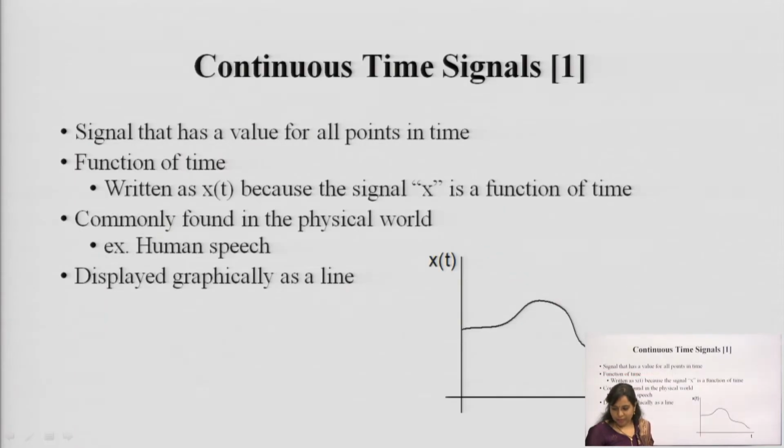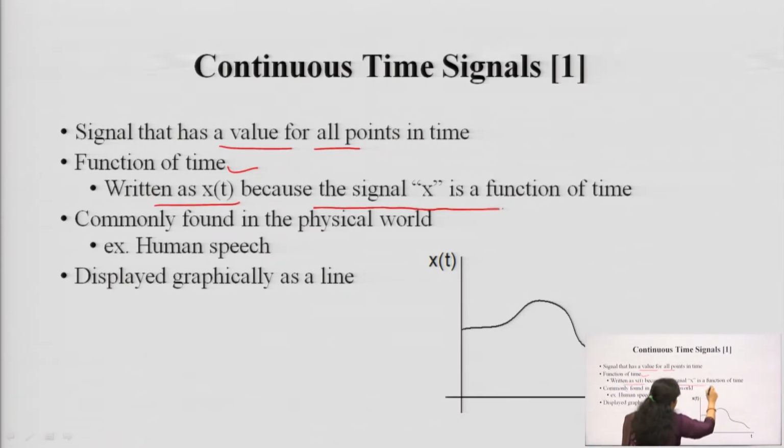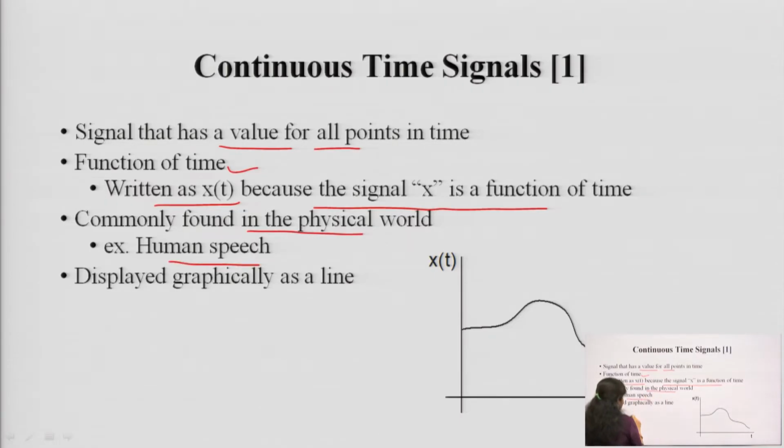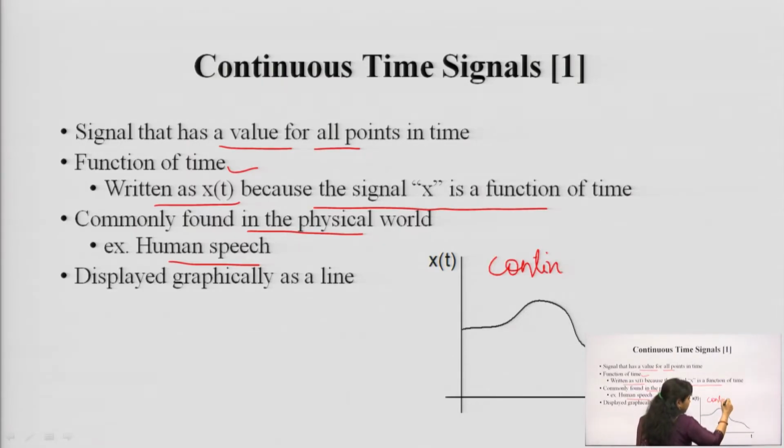Now, the continuous time signal has a value for all points in time. So, it is a function of time which is written as x(t), because the signal x is a function of time, commonly found in the physical world, an example is speech. So, that is a continuous time signal. Now, you can see over here, this is continuous in nature.